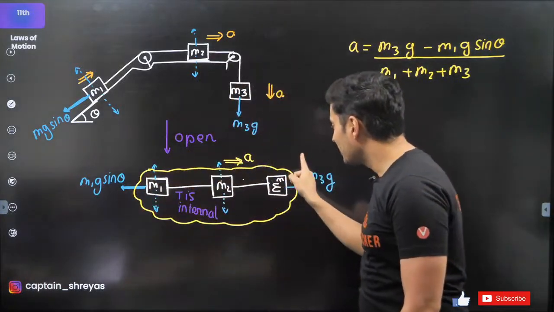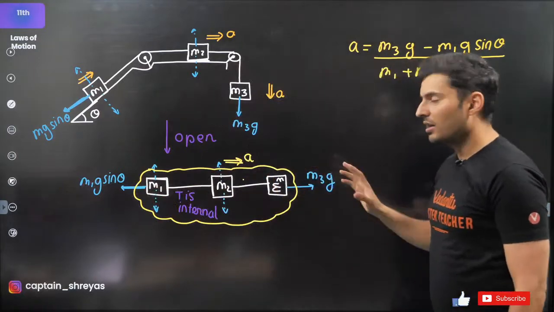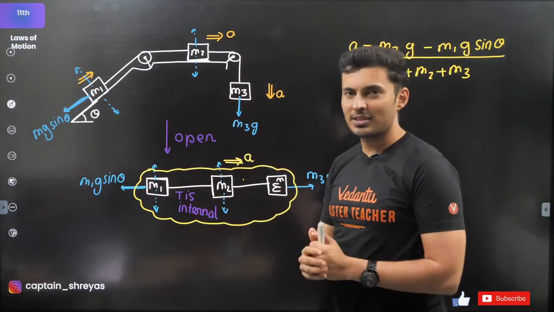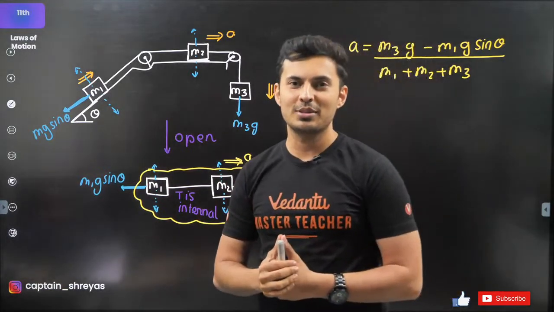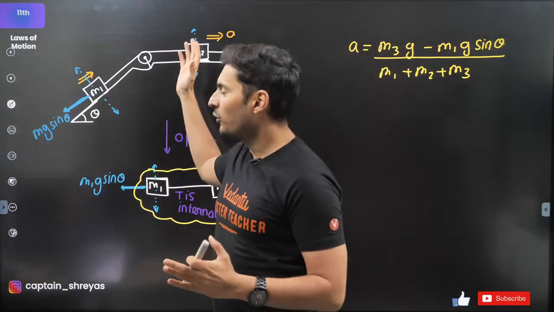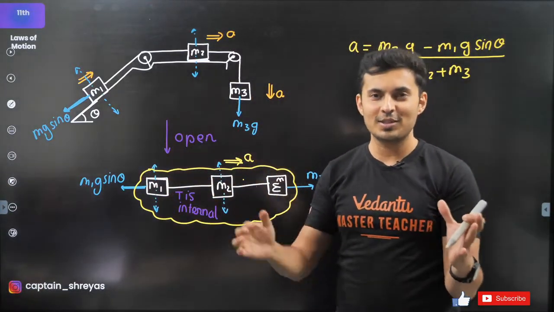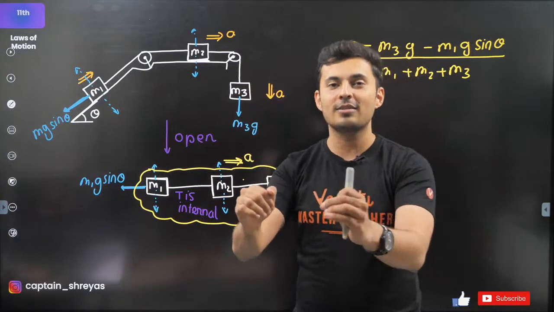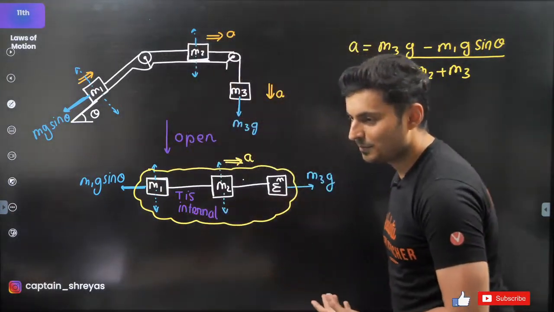Because I chose this entire thing to be my system, only the gravity and the normal are external forces. Tension is within these two masses, so it's an internal force. So whenever you write net force is mass into acceleration, you never consider internal forces. It's always the forces acting on the system which should be considered. I hope, Ragul, that makes things clear.